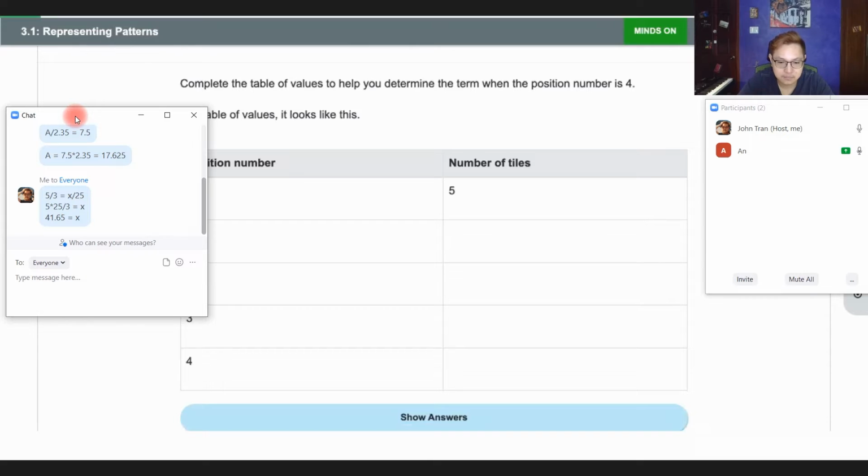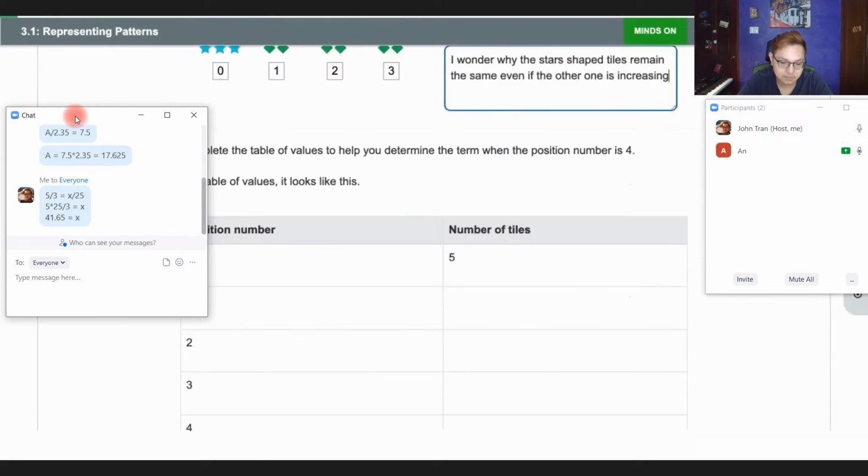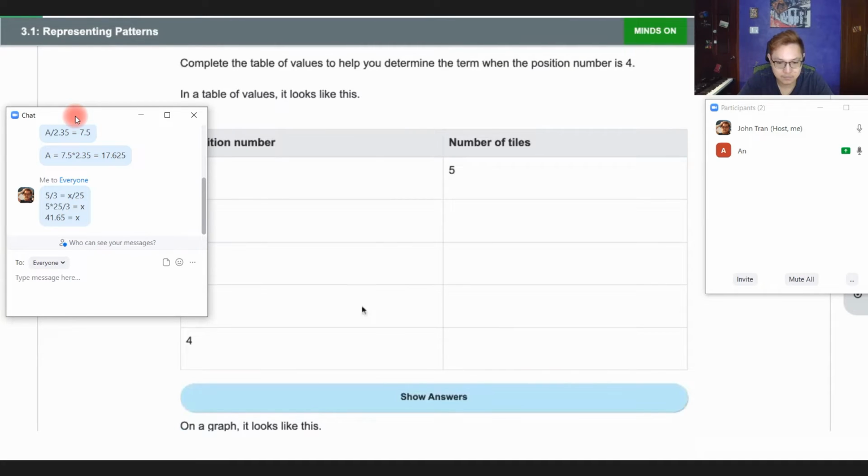So the precision number, the number of tiles: precision number 1, the number of tiles is increased to 9, and then for 2 it's increasing to 13. Precision number 3 is 17, and the number of tiles in precision number 4 is 21. The answer.